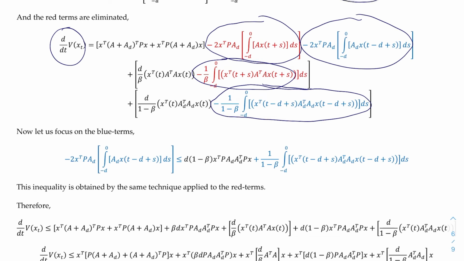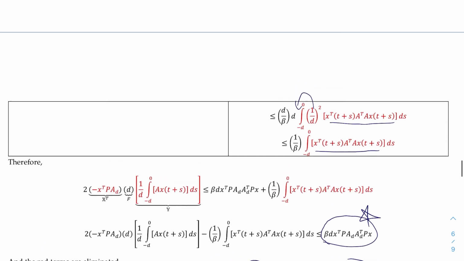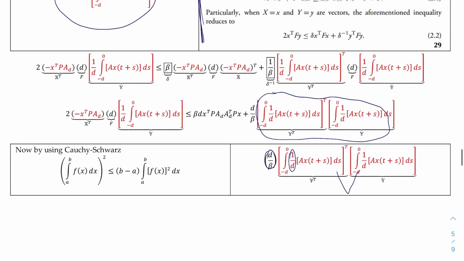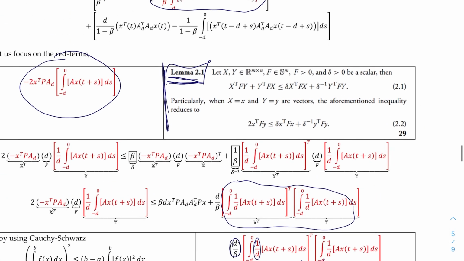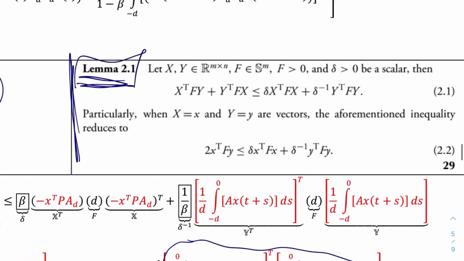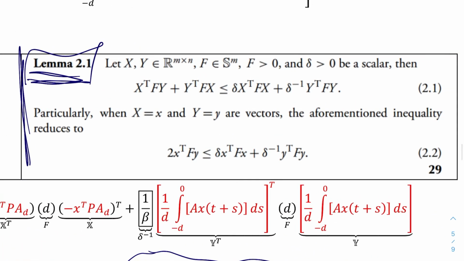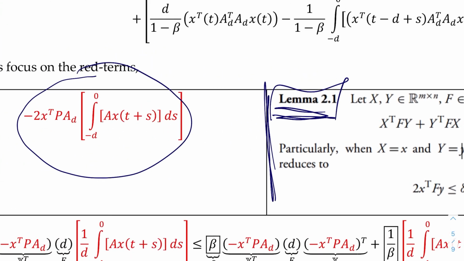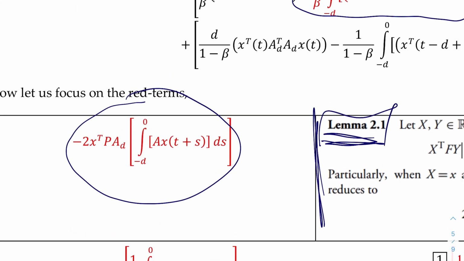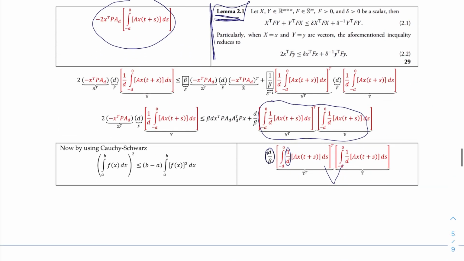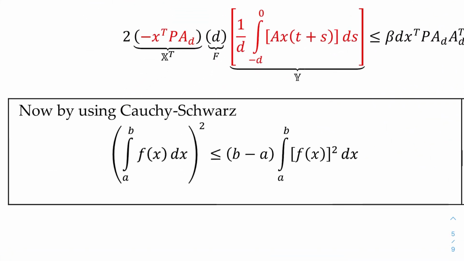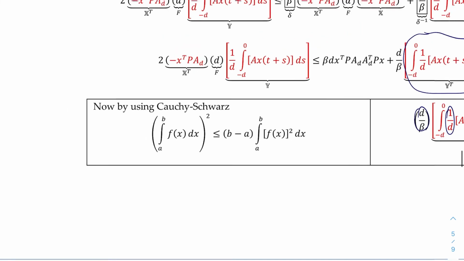However, I will not apply that here. That's the Cauchy-Schwarz inequality, and also the quadratic lemma. I don't know the correct expression, by the way. Lemma 2.1, right? This is it. We use that lemma, and also we use this Cauchy-Schwarz.